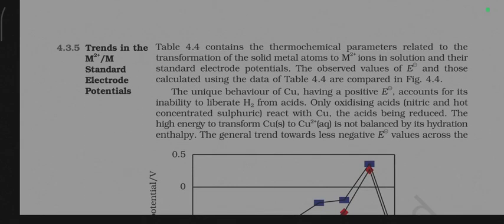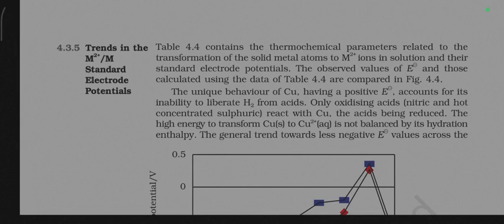Trends in the M2+/M standard electrode potential. Table 4.4 contains the thermochemical parameters related to the transformation of the solid metal atoms to M2+ ions in solution and their standard electrode potential. The observed values of E° and those calculated using the data of Table 4.4 are compared in Figure 4.4.